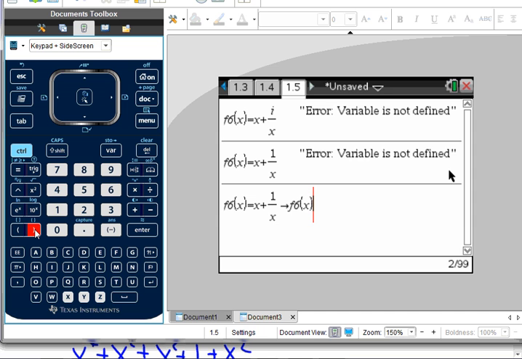This is the part I don't quite get, but that's okay. Now, I want to put f6 of x back into f6 of x, so I'm going to try it. Not sure it's going to work.